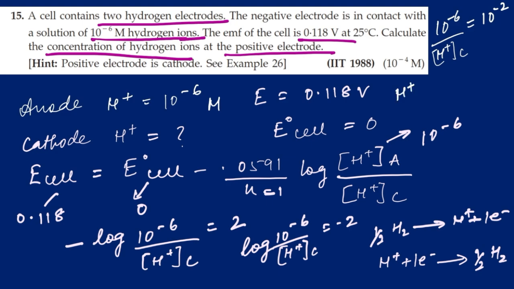Rearranging, H plus ion concentration at cathode is equal to 10 to the power minus 6 divided by 10 to the power minus 2, which is equal to 10 to the power minus 4 moles per liter. So concentration of H plus ions at cathode is 10 to the power minus 4 moles per liter.